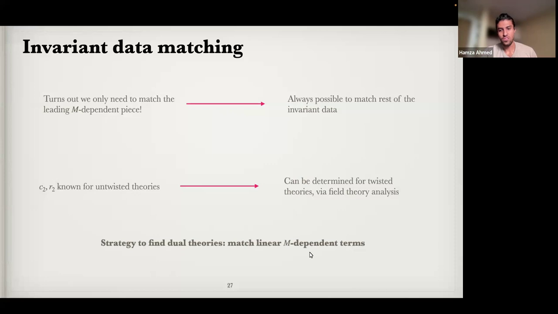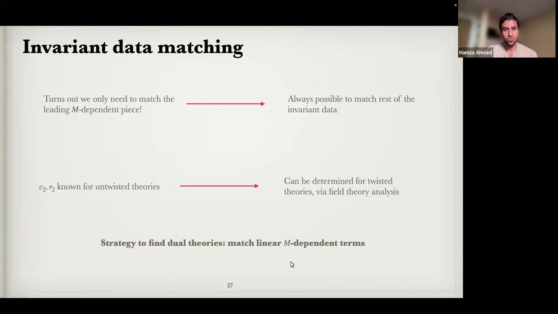And then the strategy to find dual theories was to match the linear M-dependent terms, then match the constant terms, and then try to find the geometry that realizes our field theory predictions via inequivalent fibrations within the same Calabi-Yau.